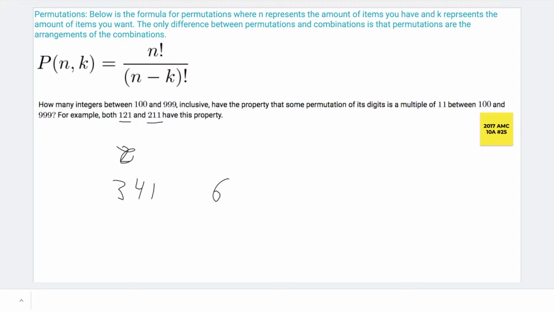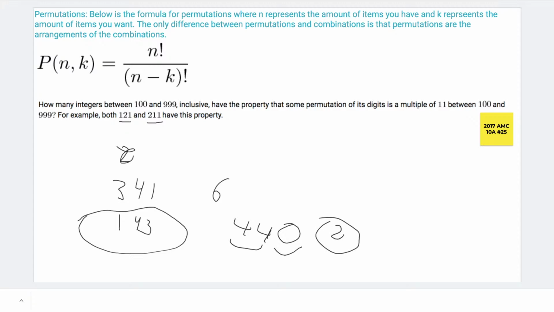We can't just do that because this can be arranged as 143, which is also a multiple of 11. That means we will be overcounting, which is something we want to avoid. And there will be some cases like 440, where 2 numbers are repeating and there's a 0, so there are only 2 ways to arrange those numbers.